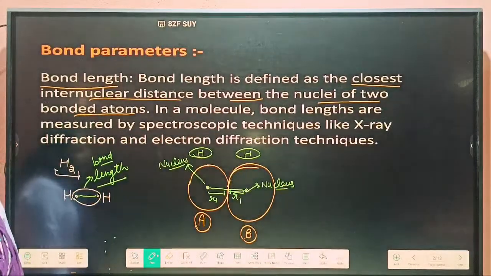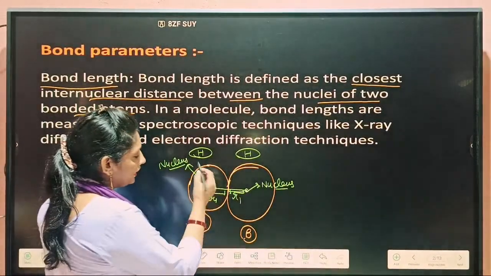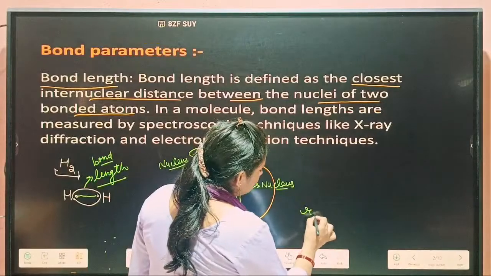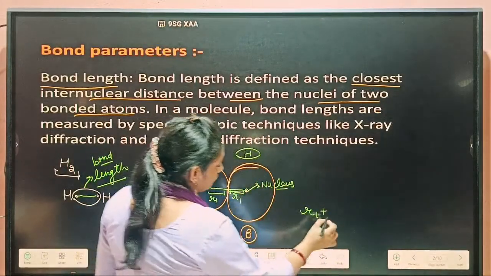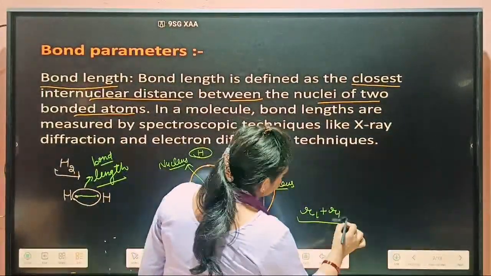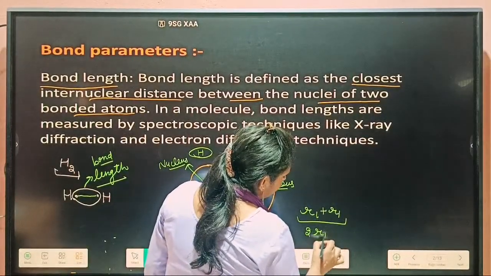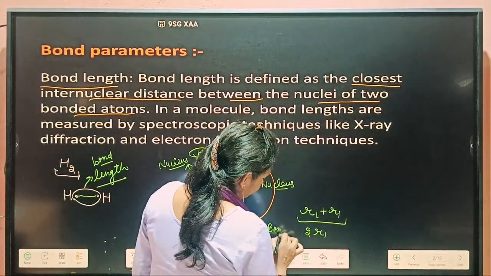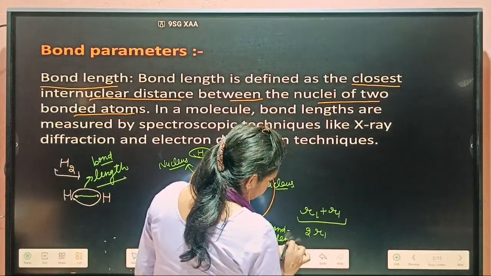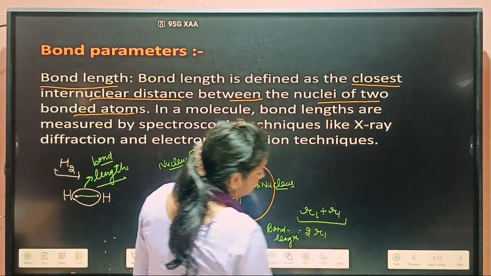So what will be the bond length, students? Here the bond length will be R1 plus R1, that is 2R1.